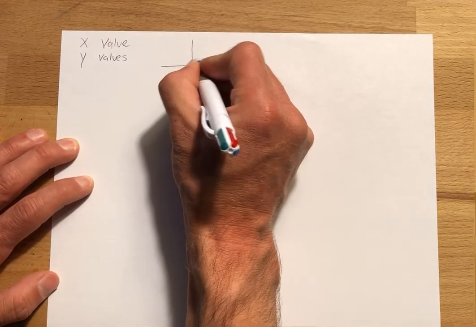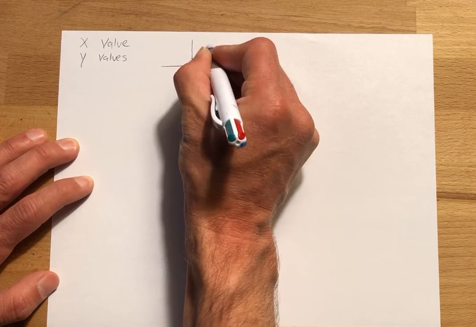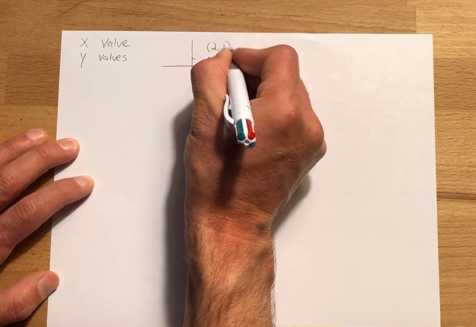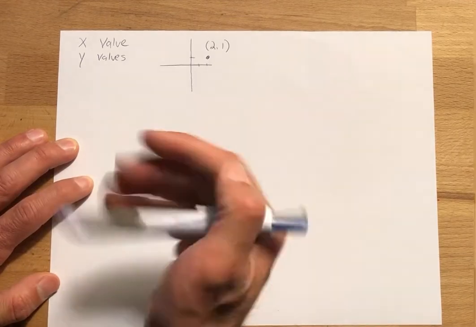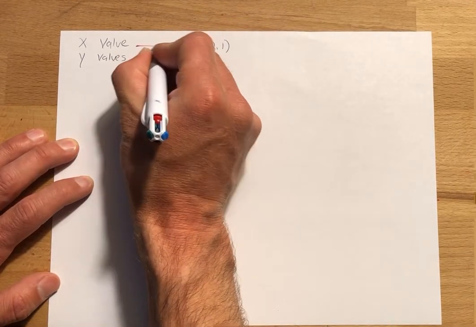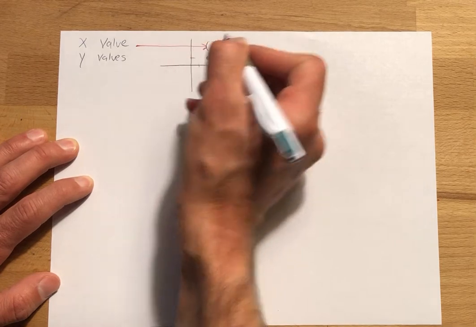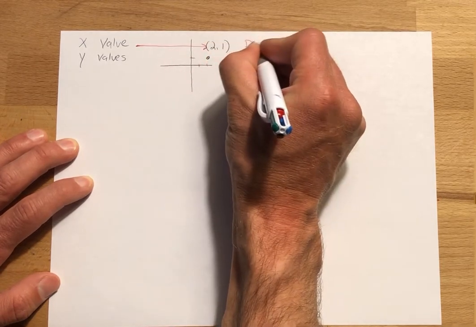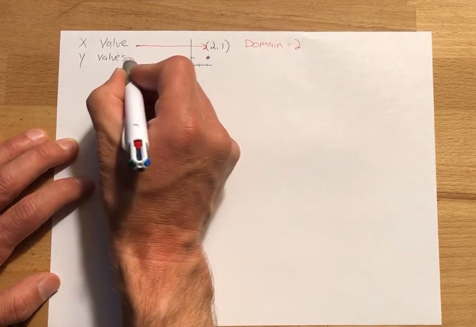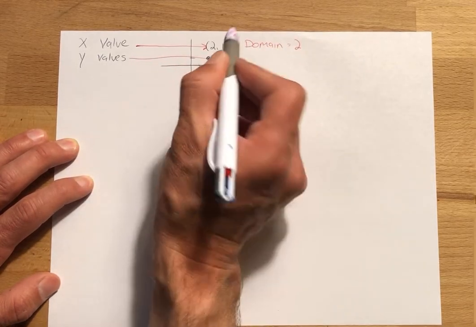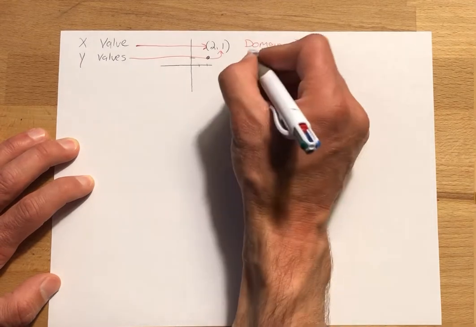Let's take a coordinate of, let's say, 2 and 1. Your domain is your x value. So your domain for this coordinate would be a simple 2. Your range is your y coordinates, or in this case, your single y coordinate.